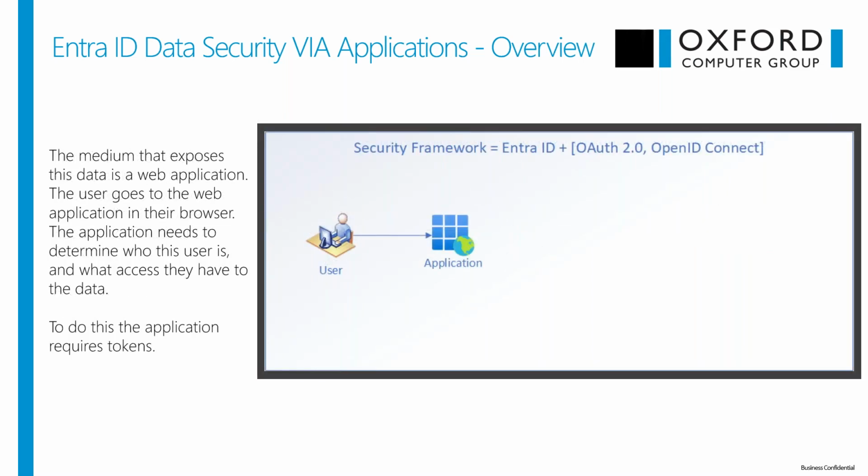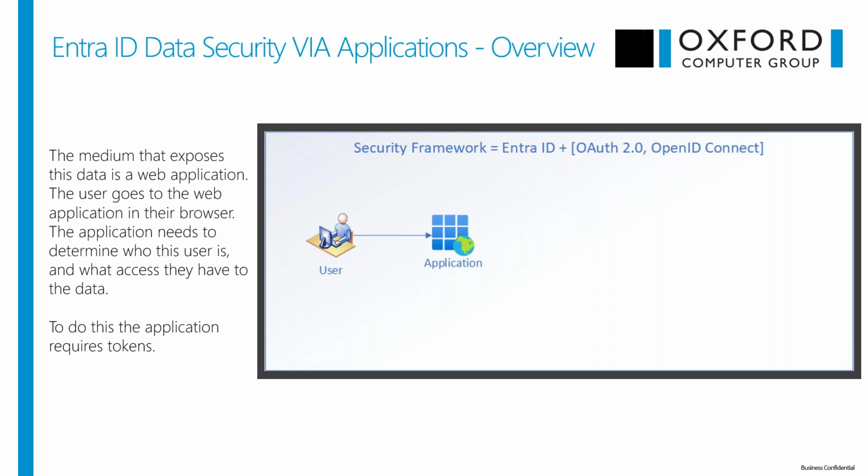So the first thing that happens, and in this demonstration the application I'm indicating here is actually a web app, is the user wants to go to the web app, so they open their browser and go to the application, because ultimately they want to get some kind of secure data that this application is protecting. So the application needs to know, hey, who's this guy?